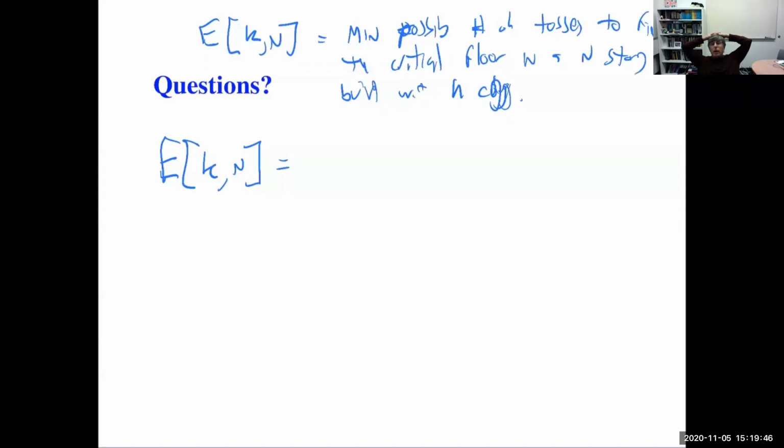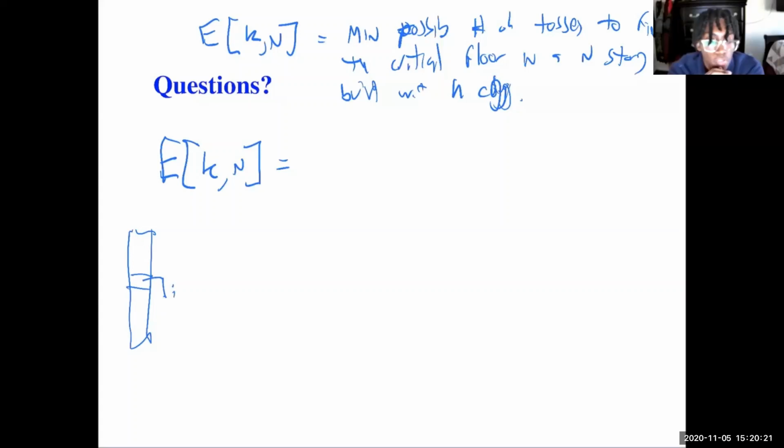What I'm going to tell you is the floor to toss it off on is the ith floor. Okay. How expensive will it be if we toss it off on the ith floor? Suppose I have a building and I toss the first egg off the ith floor, how expensive will it be to finish the job from here? It would be less expensive because you could either just check up or down depending on the result of the egg toss.